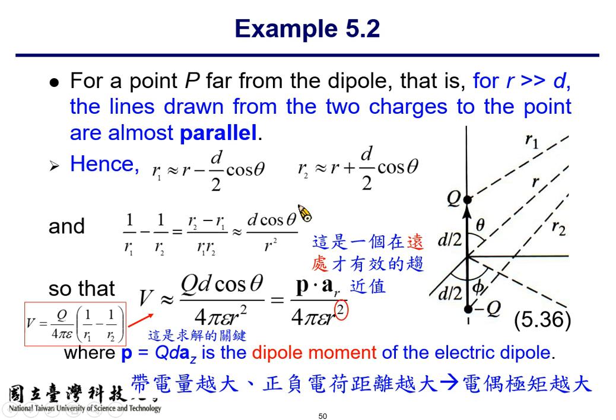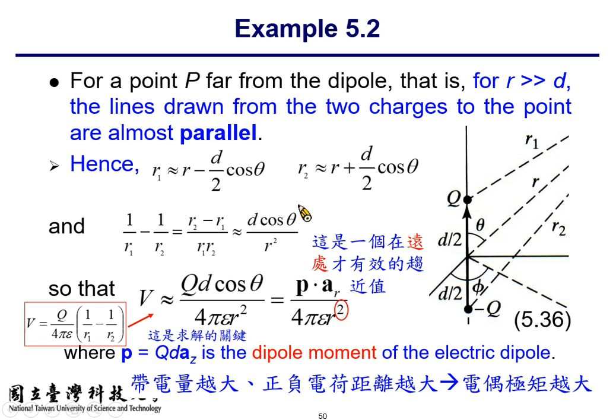However, there is some difference. The difference can be expressed as the projection of d over 2 times cosine theta, and this is only half of the difference. The other half is also d over 2 times cosine theta.